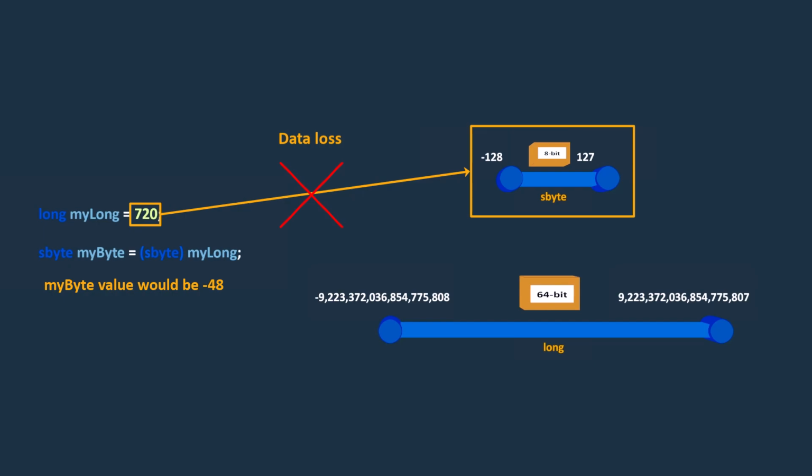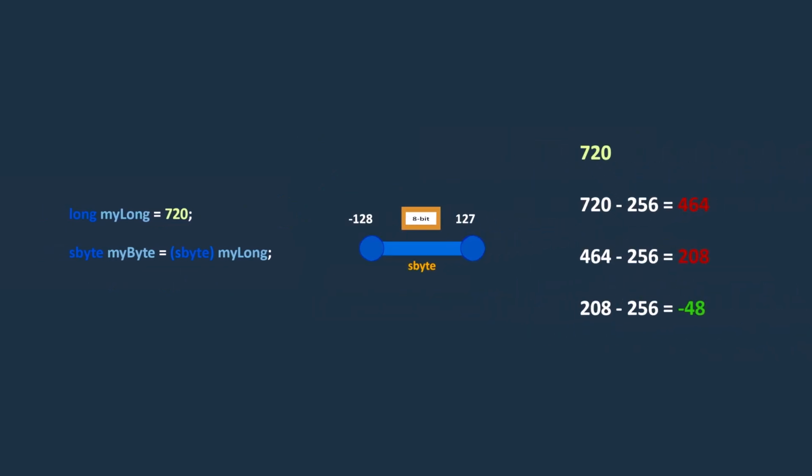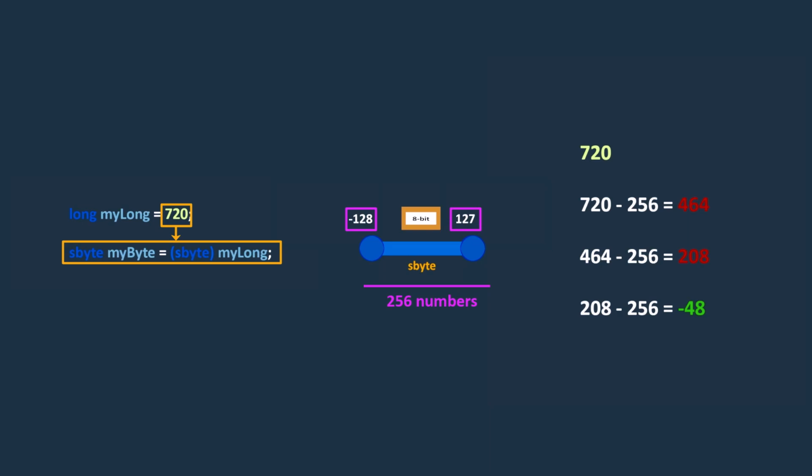Okay, but how does data loss happen in this example? Or what is the meaning of value truncation? Let's illustrate. In this example, we want to assign 720 to a variable of byte type. And we know that byte can hold 256 numbers, which means it can represent a range of values from -128 to 127. And obviously, 720 is outside of this range, so the value must be truncated to fit within this range.